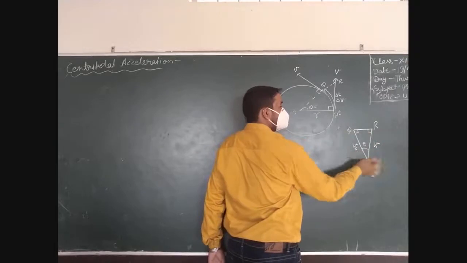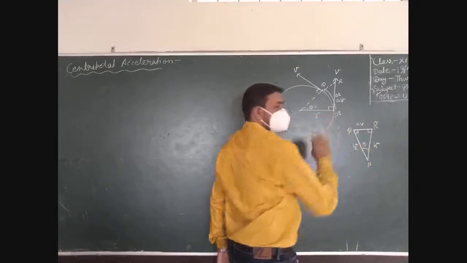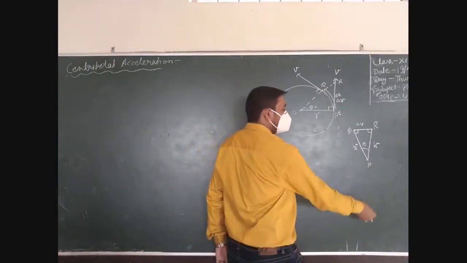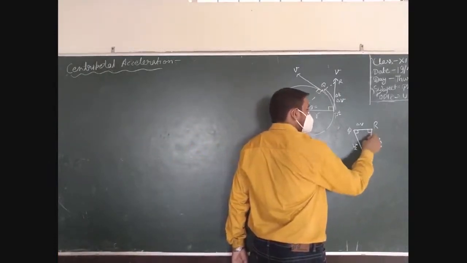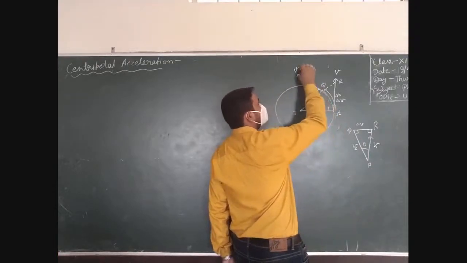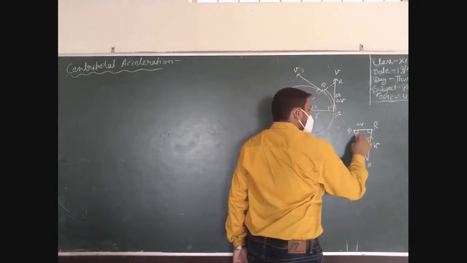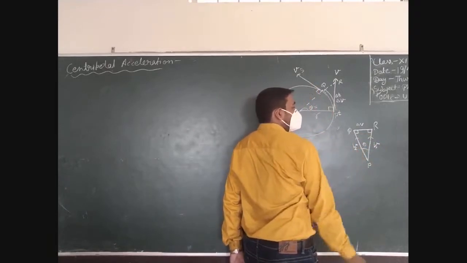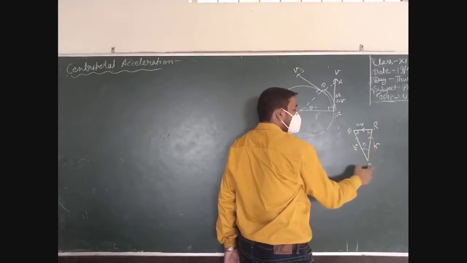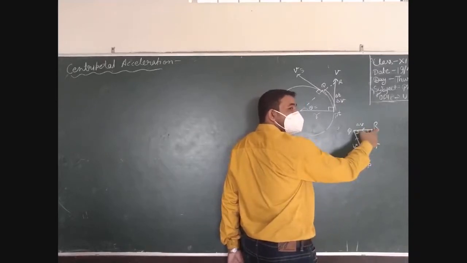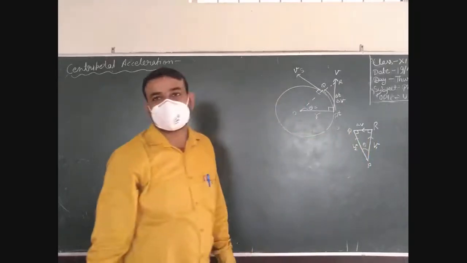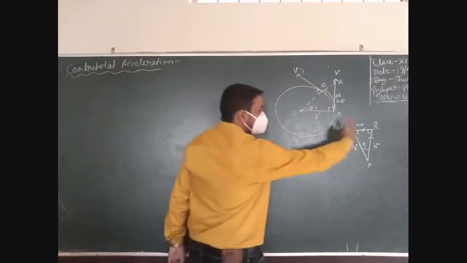Let the difference between the velocities be del v. According to the triangle rule, if we take the direction from P to Q and another direction from Q to S, this is v2, then the third side is always taken in the opposite order. So the resultant is given by the third side of the triangle.